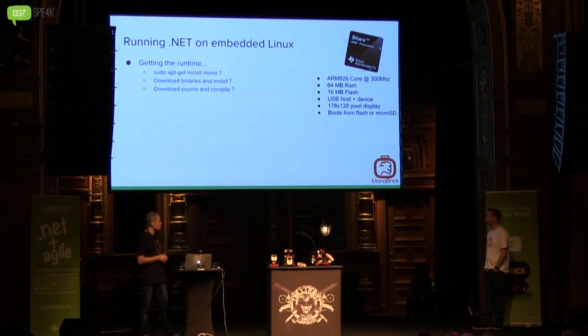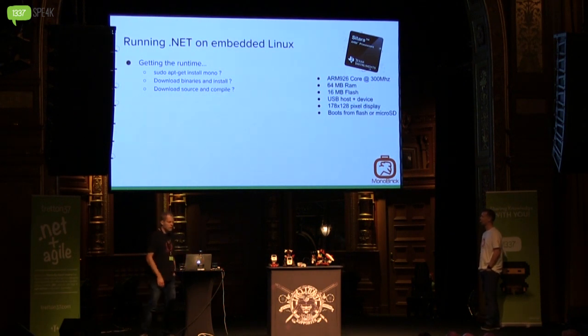But then, of course, the source code for the Mono framework is available, so we just download that and compile it. That sounds easy, but the first thing is that you can't just compile it on the EV3, because it doesn't include a C++ compiler, and if it had a C++ compiler, it would still take too long.